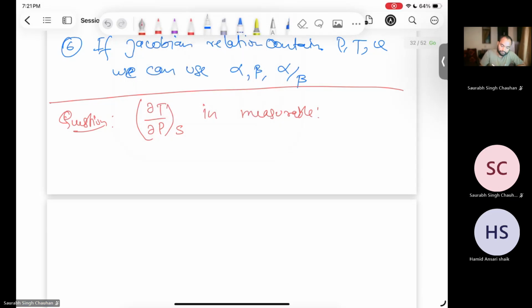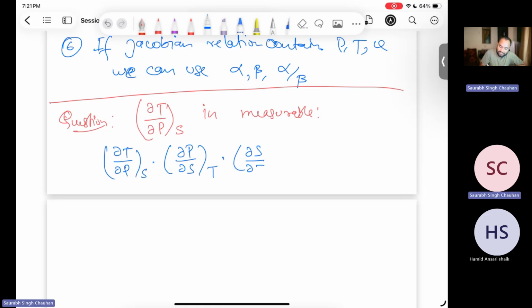First of all, we have a cyclic relation: del T by del P at constant entropy, times del P by del S at constant temperature, times del S by del T at constant pressure, is equal to minus 1. This is our cyclic relation, right?